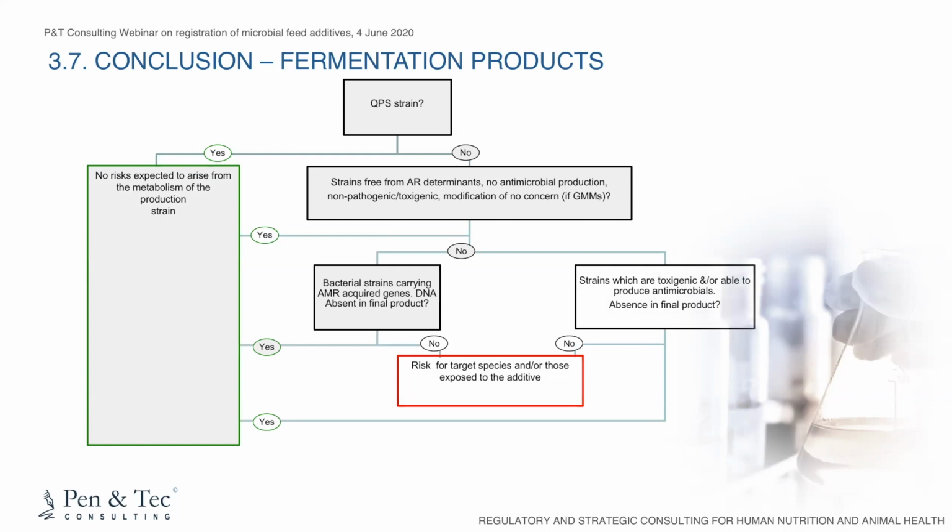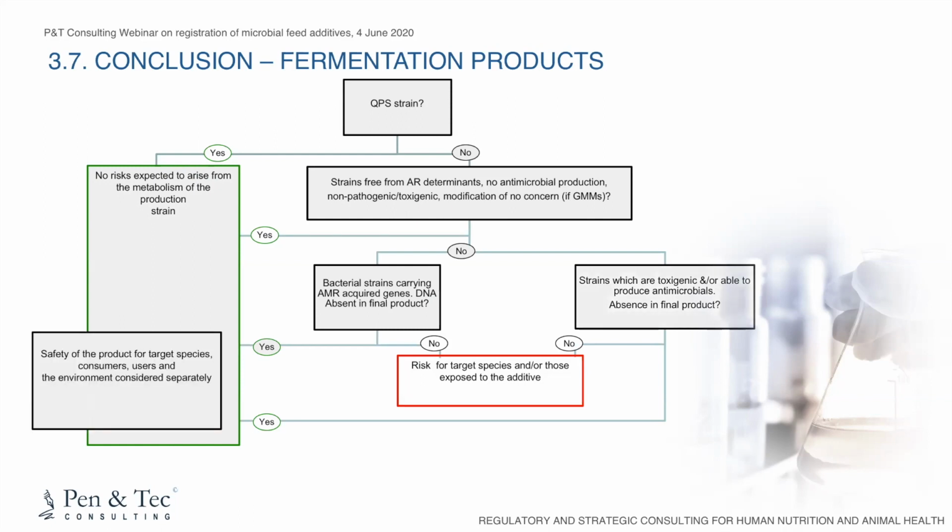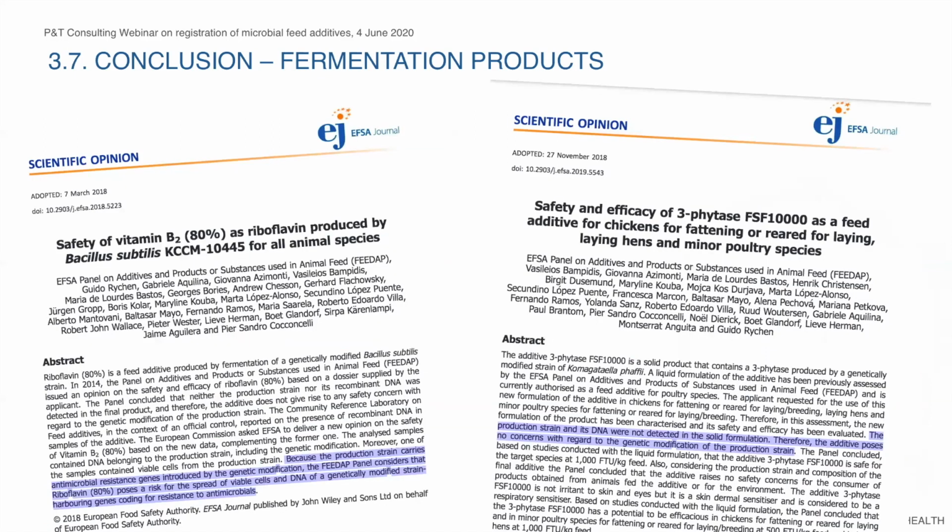In all cases, further aspects of the safety of the product for the target species, for the consumers, for the users, and the environment should be considered separately according to the relevant guidance. Here you can see on the right an example of a positive opinion on a product derived from fermentation in which the DNA and the production strain was not detected.